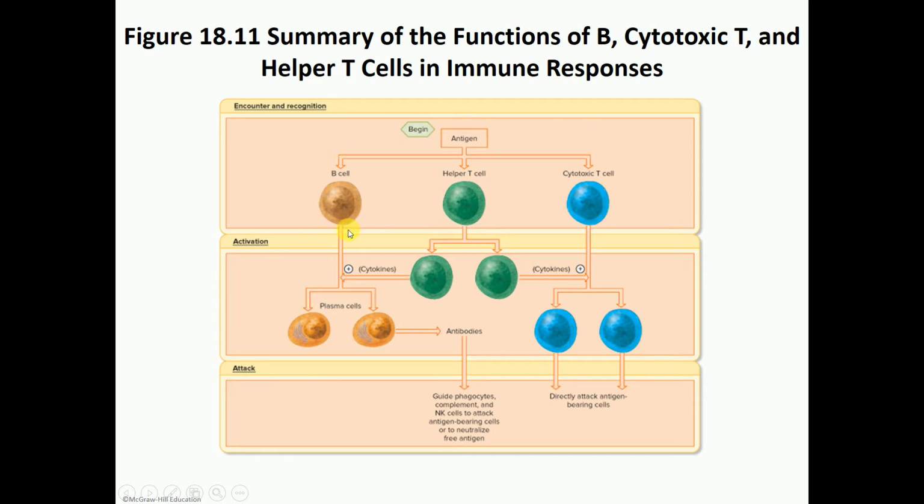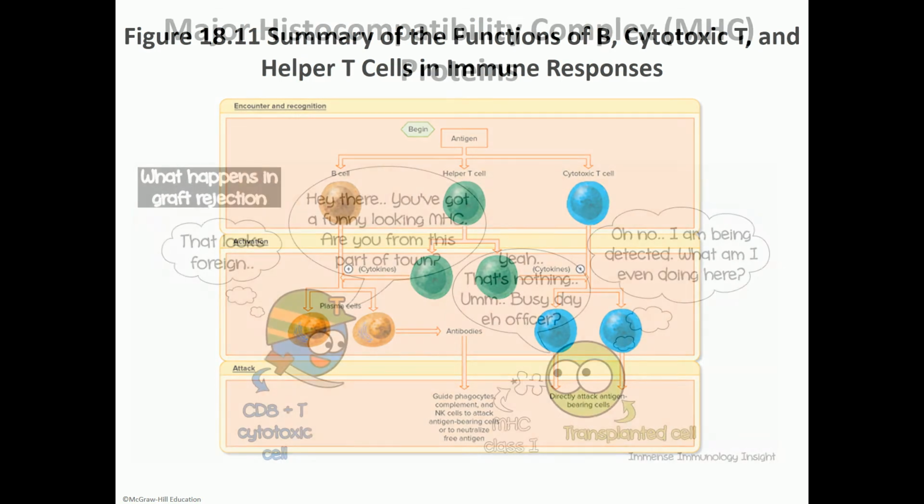B cells are going to recognize antigens because they are marked with antibodies, while the cytotoxic T cells are going to recognize pathogens presented to them on the MHC1s, while the helper T cells really don't have the ability to recognize a cell on their own. These cells have to be presented to them on the MHC2. And because MHC2 is only found on macrophages, B cells and dendritic cells, those are the cells that are going to act as antigen presenting cells.